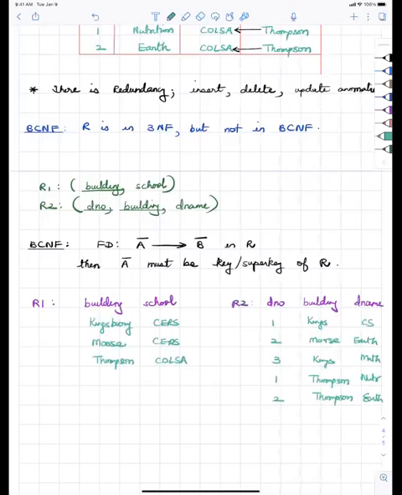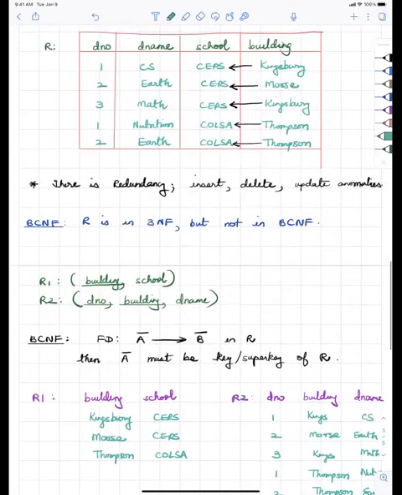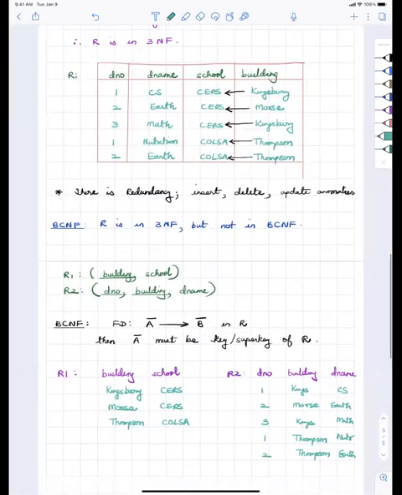Okay, if you look at it, we have brought it down to R1 and R2 out here, and by dividing it into R1 and R2, we've removed the redundancy that was there in the previous table, the table R. So Boyce Codd normal form is far stronger than the third normal form.